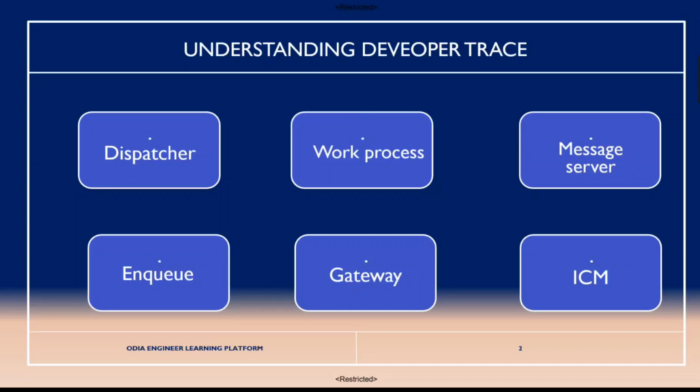The next important one is the gateway, where we use dev_rd. To check the message server trace, you use the file dev_ms, and your ICM trace is dev_icm. Also remember, whichever traces you are collecting, all the traces are stored in the work directory. That's the default location of the traces.